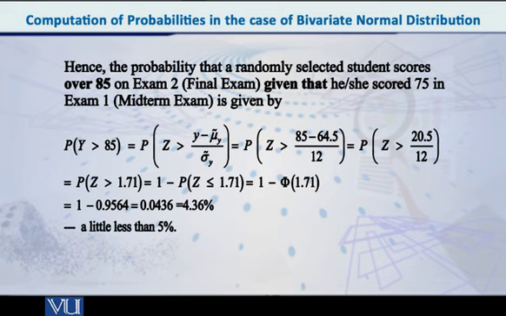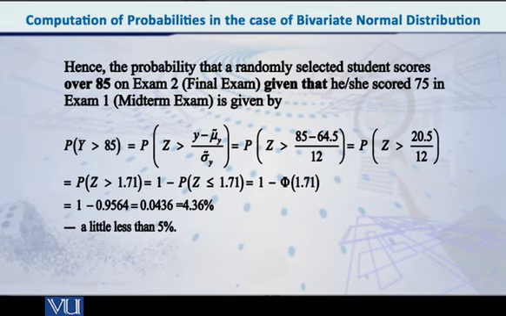As you can see on the screen, we are talking about the probability of y being greater than 85 given that x is equal to 75. So this is the same as the probability of z being greater than y minus 64.5 over 12 given that x is equal to 75. और अब y की वैल्यू पुट कर दें जो 85 है, so z being greater than 85 minus 64.5 over 12 given that x is 75.